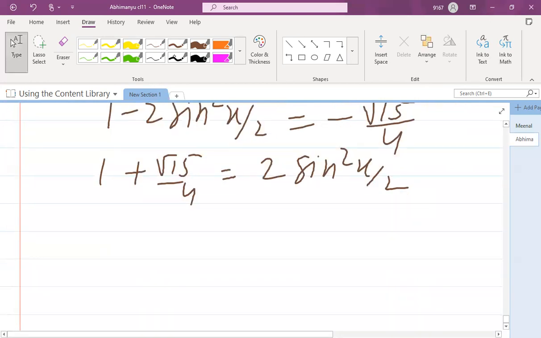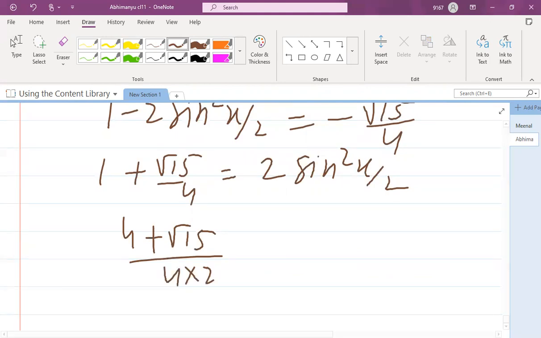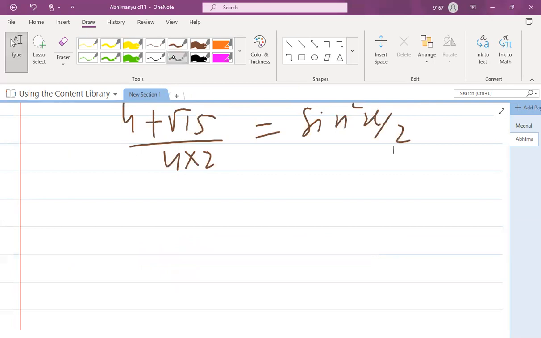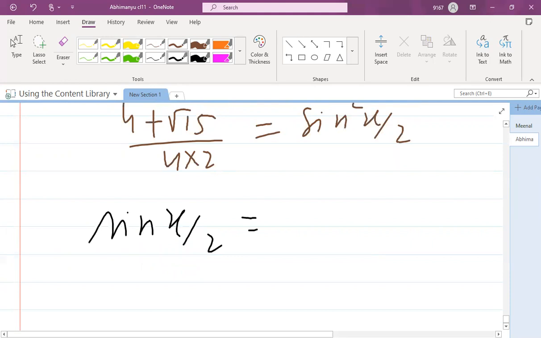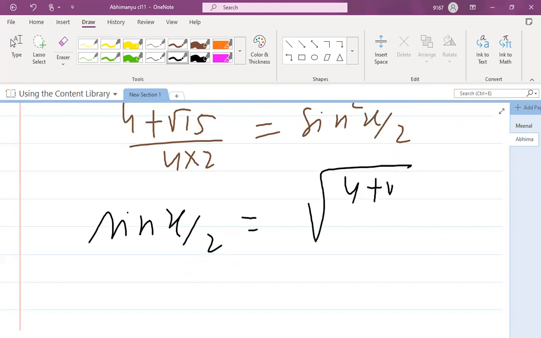Getting sine x by 2 from there, sine square x by 2 equals 4 plus root 15 upon 4 into 2. Sine x by 2 equals to root over 4 plus root 15 upon 8.